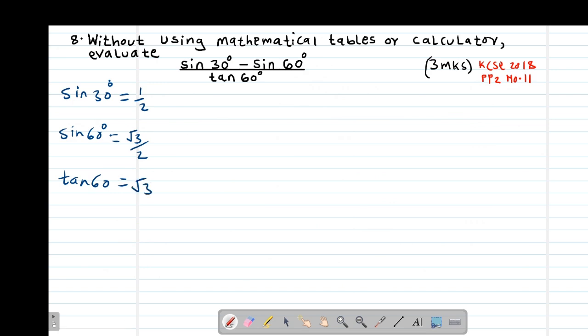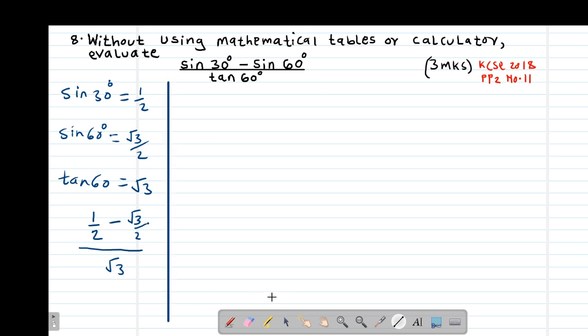Therefore, we can substitute. The equation becomes sine 30 degrees, which is a half, minus sine 60 degrees, which is root 3 over 2, then divided by tan 60 degrees, which is root 3. When you have only one surd term on the denominator, without any addition or subtraction, the conjugate is the same number.